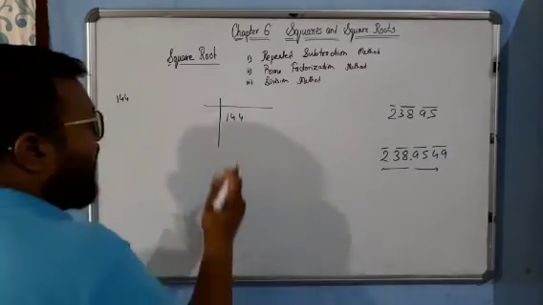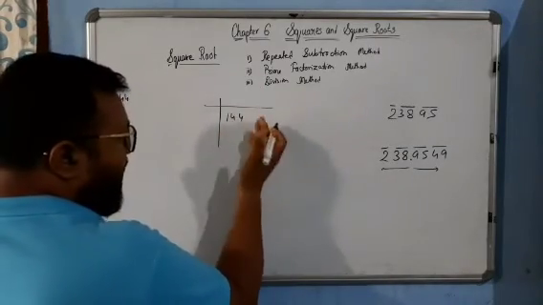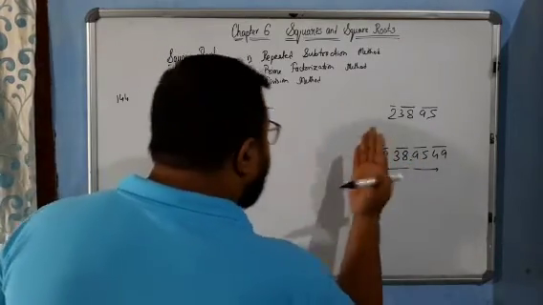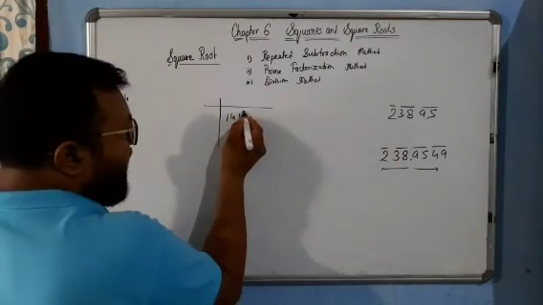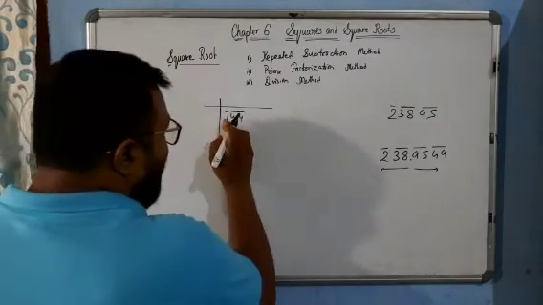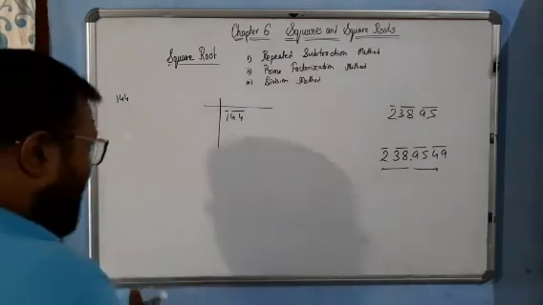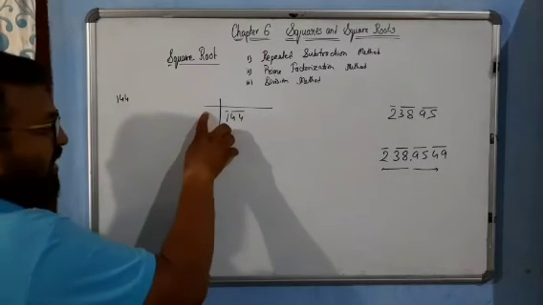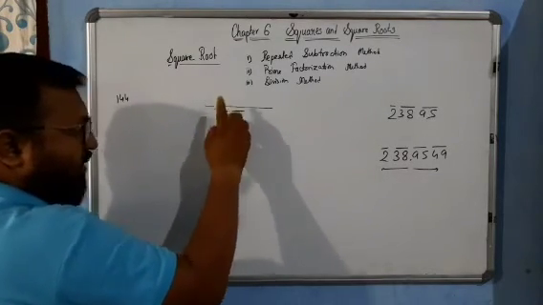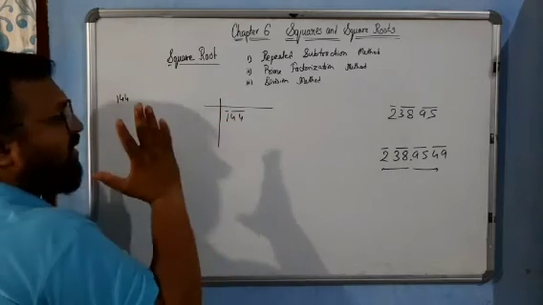Now come to this part. So here 144 means what? It is on the left hand side of the decimal. So we will start pairing from the right hand side. Pair. Okay. Now for this number, what will we do here? We have to use a number such that if we multiply it with the same number, we get that number or smaller than that number.